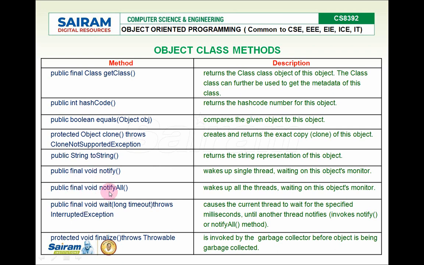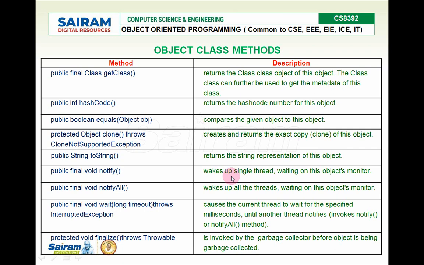And notify and notifyAll are final methods. Return type is void, public access mode. They belong to multi-threading. We already discussed multi-threading in the beginning classes. Each thread is responsible for one specific task. If multiple threads are there, it means multiple tasks are performed simultaneously. Each thread can be responsible for one action, right?